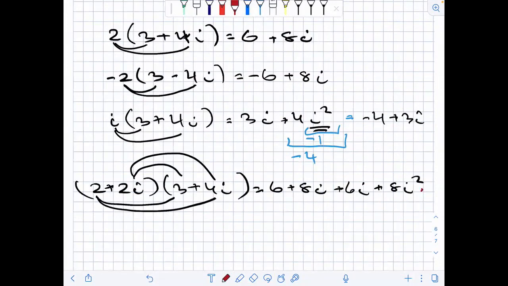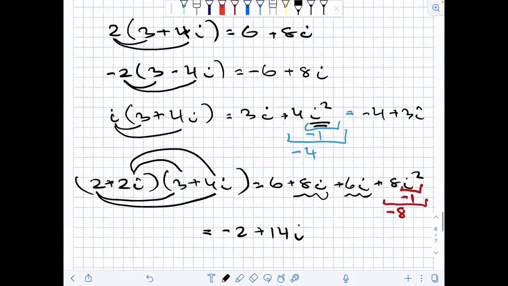Again, here we have our i squared. We have to treat it first. So i squared is minus 1. So 8 times minus 1 is minus 8. And now we have a sum, adding and subtracting. So you have to do real with real. So 6 take 8 is minus 2. And 8i plus 6i is just plus 14i.